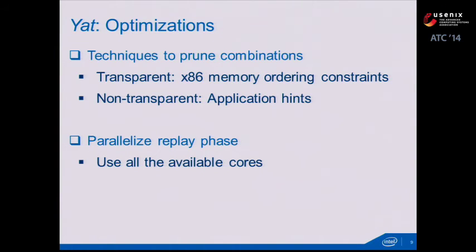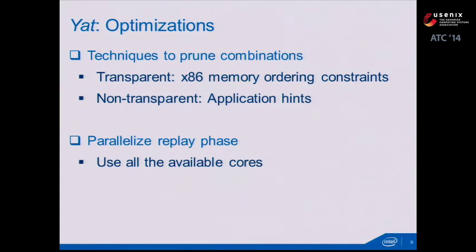An example of a non-transparent technique, where the application can help skip some of the reorderings: many applications, as you know, have a zeroing operation, a memset-like operation where they are simply zeroing a large memory buffer. In operations like this, there is not much value in testing to reorder the operations within a single memcpy of 4K or something like that.